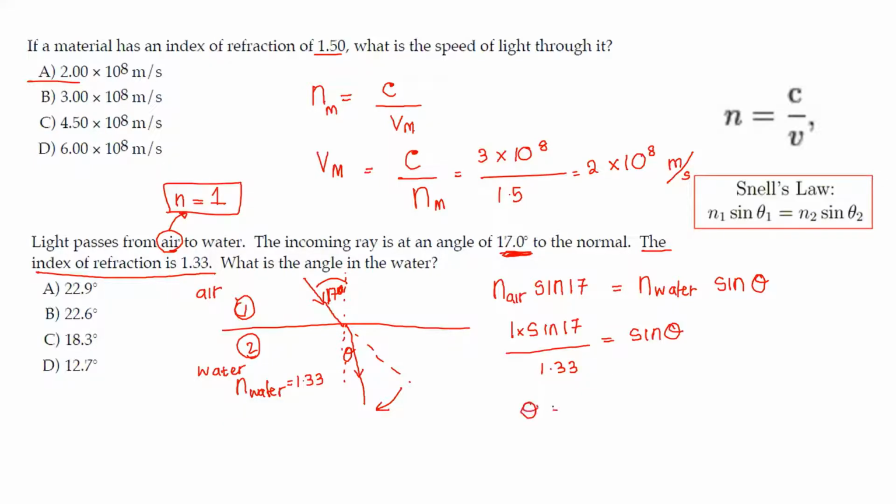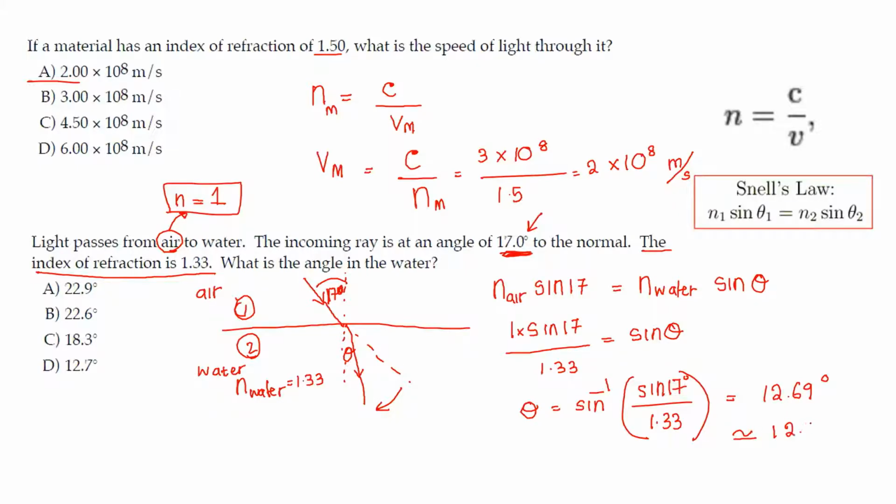So my theta is sine inverse of sine 17 divided by 1.33. And make sure your calculator is in degree mode, because all these angles are given in degrees. When you plug this into your calculator, you get 12.69 degrees.